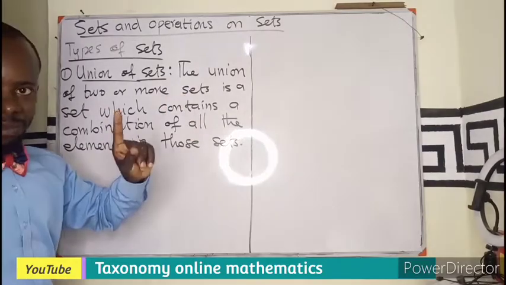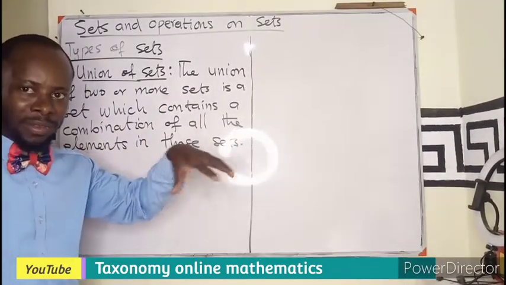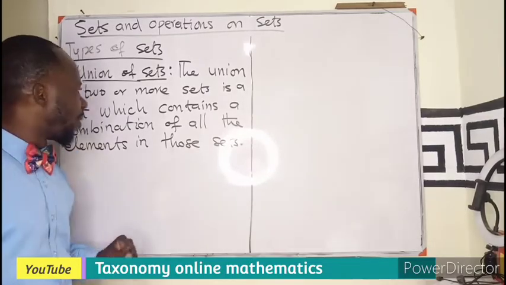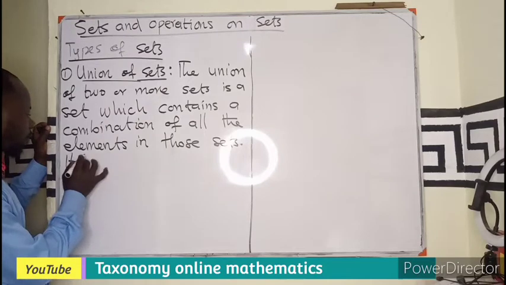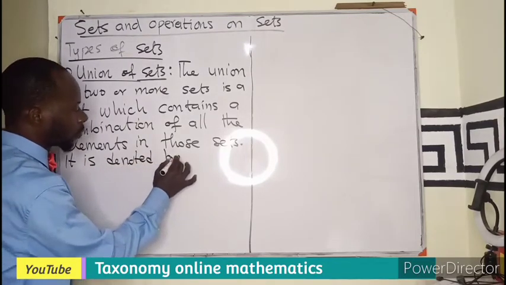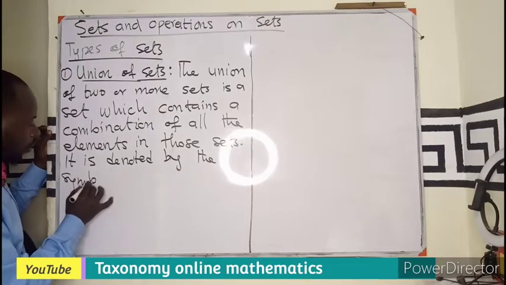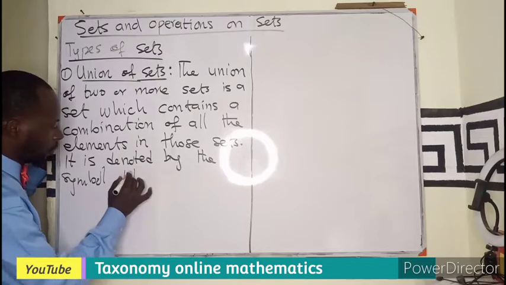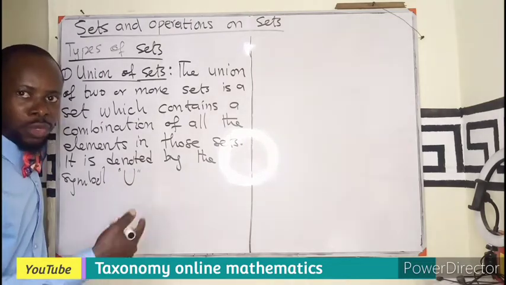We have talked about elements of a set; those are the members of the set. So we use the symbol U to indicate union.